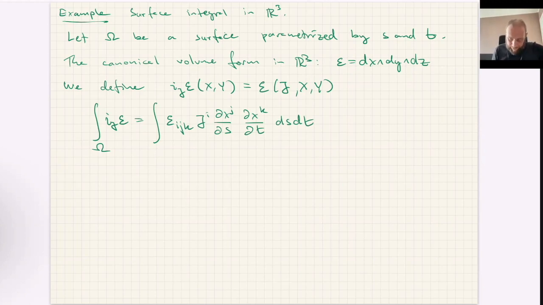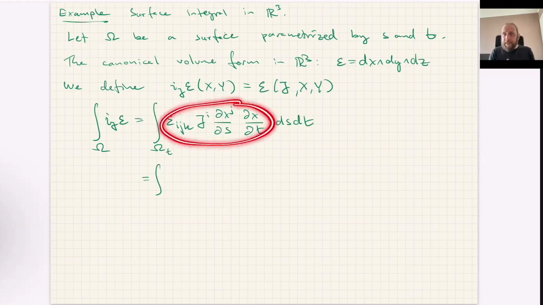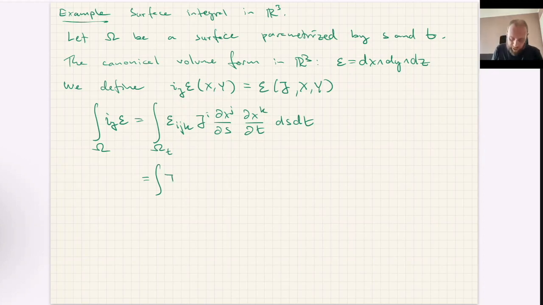But you recognize this. This is nothing else but the triple product, so it's going to be J scalar product x_s cross x_t ds dt, still the integral over the region Omega.